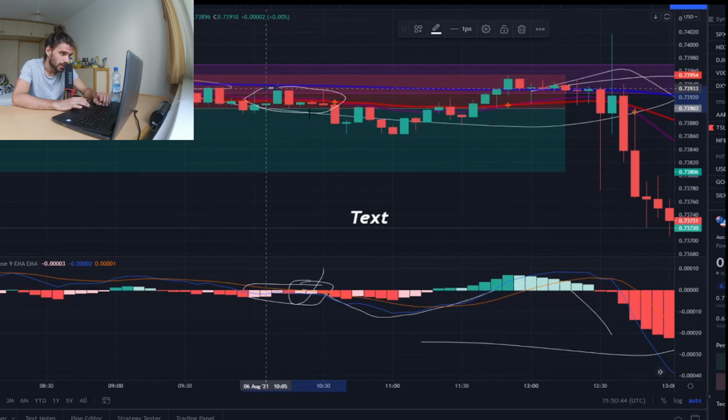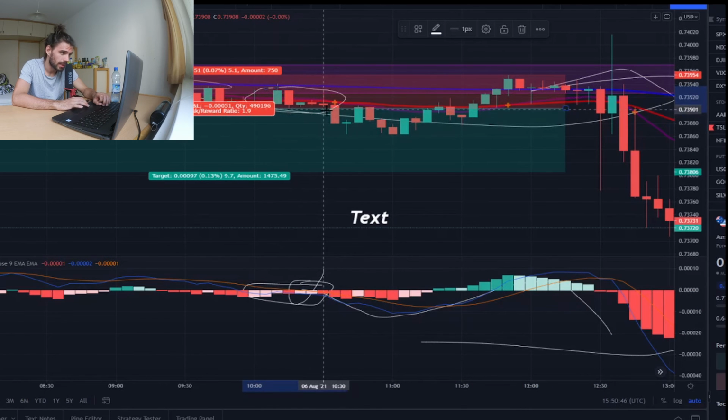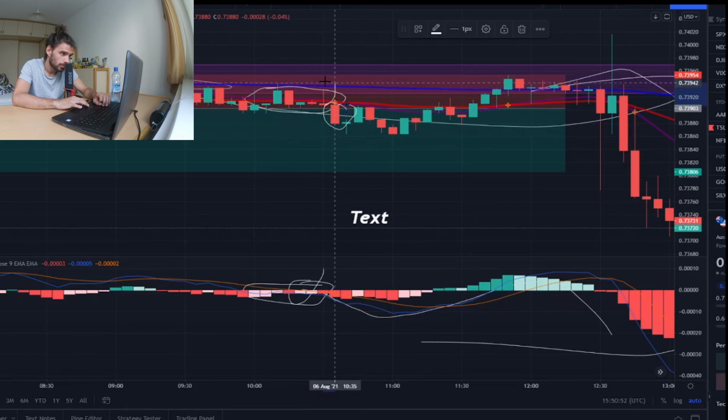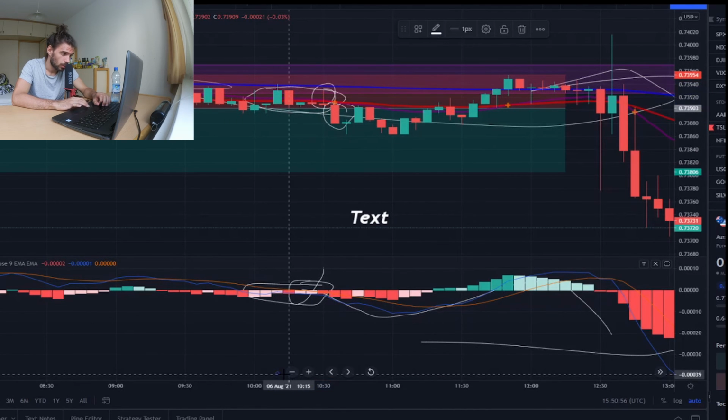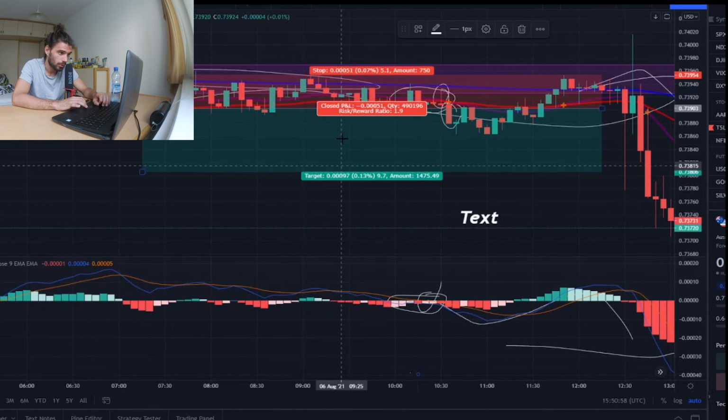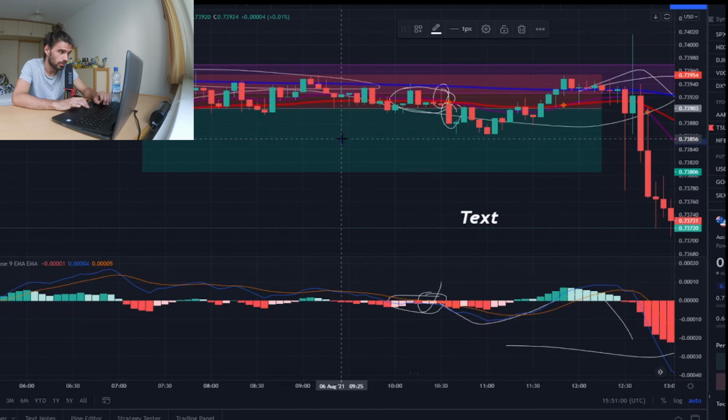And now in this phase we want to look for a bearish sign. This could be either this candlestick, this engulfing one, or this bearish sign here. So as always, we want to make it simple and go for a risk reward of 1 to 2.